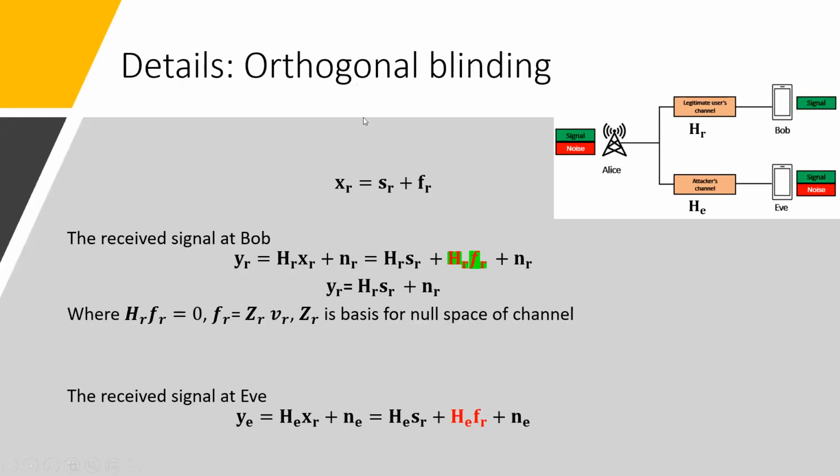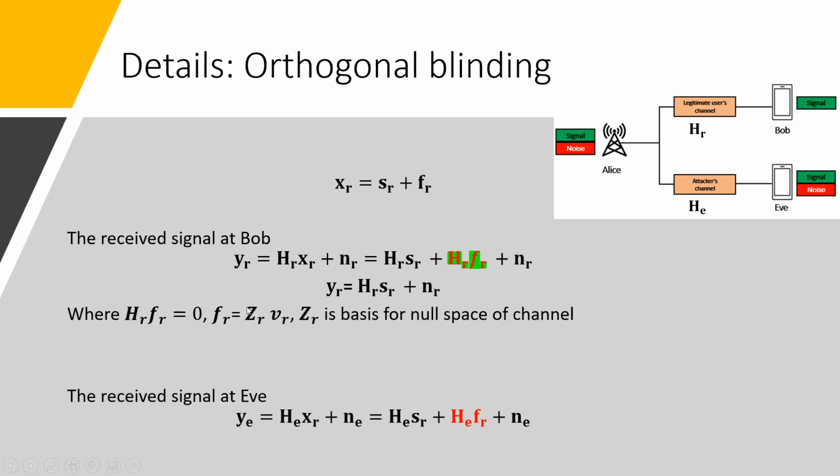For example, look here, we have a signal XR, which is the superposition of our signal and a noise signal in the null space. When it passes through the legitimate receiver, as I explained earlier, at the legitimate channel, HR FR becomes 0, so the legitimate receiver will not see anything.